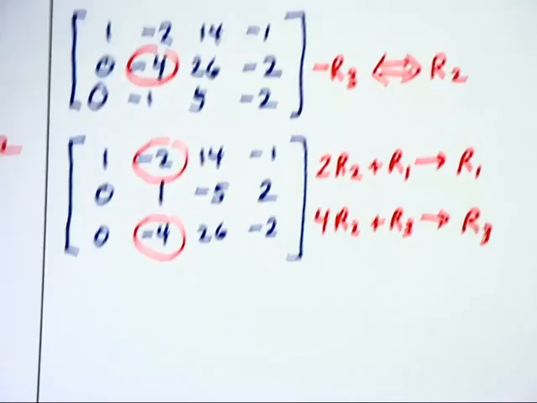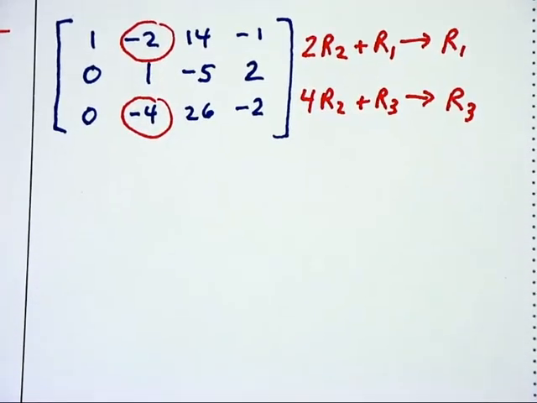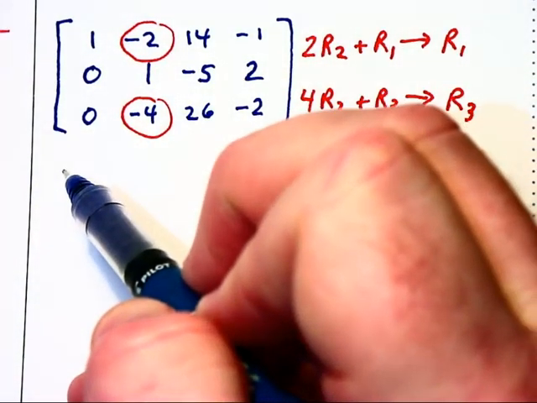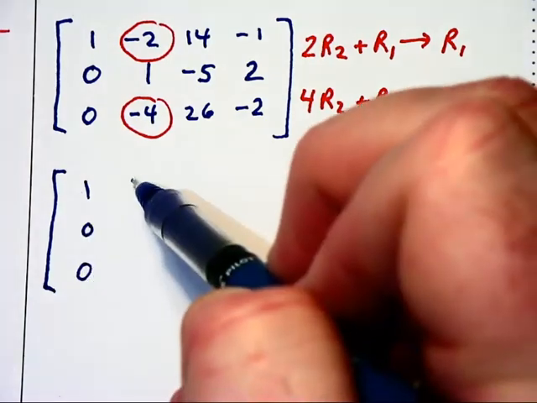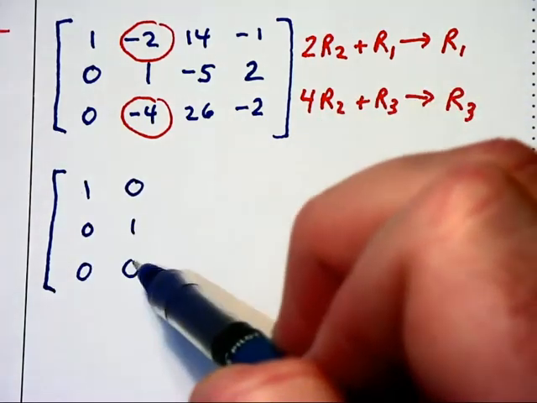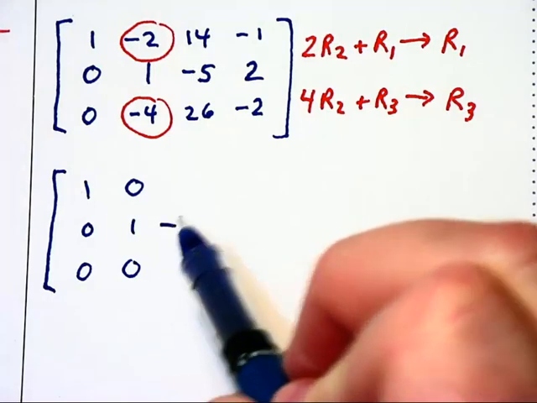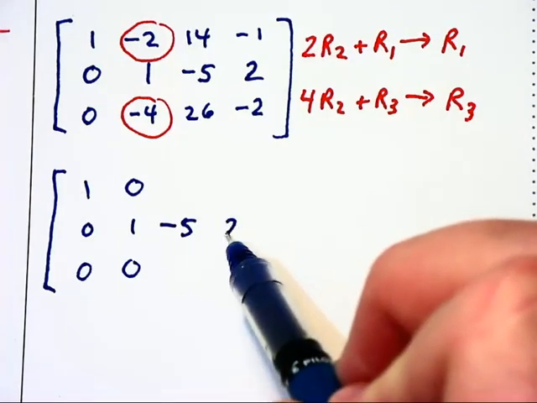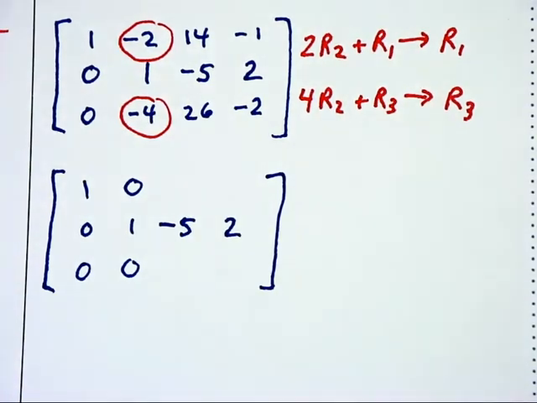Stop and stare at that a moment because you really need to understand what is going on here so that you can do that on your own. Now the whole goal is so that now the first 2 columns are 1, 0, 0 and 0, 1, 0. We know that row 2 is not going to change, so I'm going to rewrite the -5, 2 in those 2 positions. And now let's go and find those remaining 4 numbers.